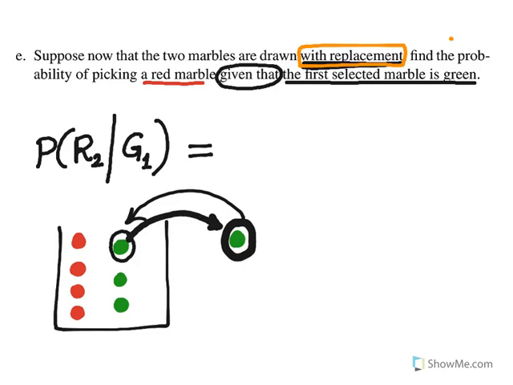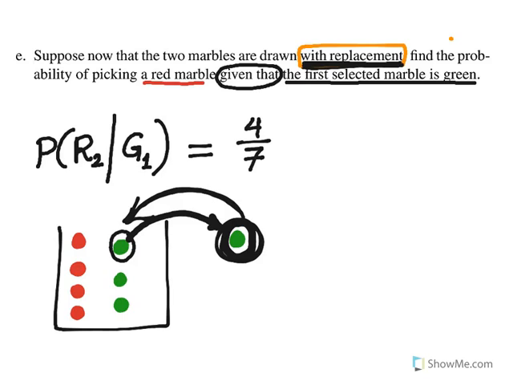So that's why this probability now is going to be 4 out of 7, not 6. This is because this green ball was returned back. And this is something important that you need to remember. When you read with replacement, it means that you return whatever you took back into the box or back into the deck of cards, or whatever the situation is.